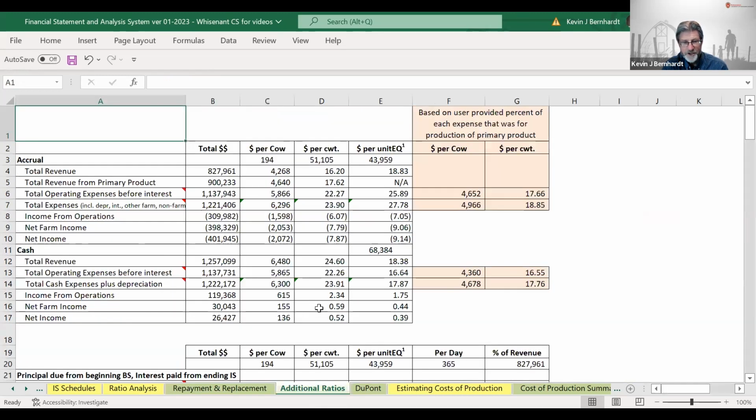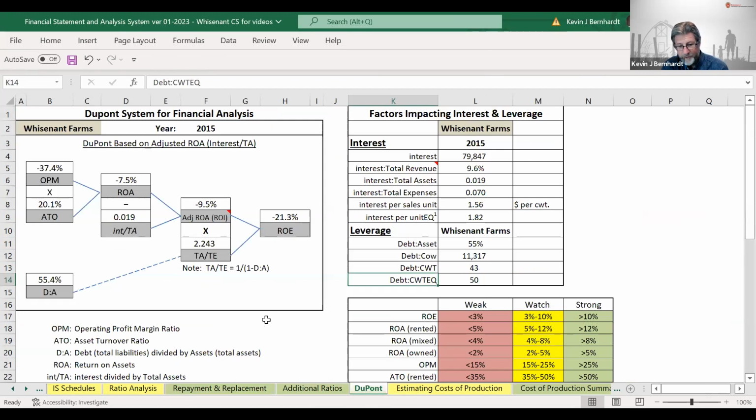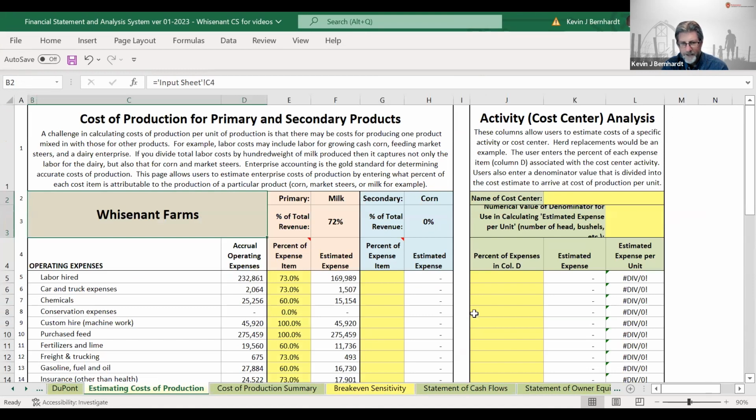There's some additional ratios that a person could look at. There's ratios with respect to the DuPont financial system, and all of these will be talked about in a later video. There is also a place to estimate cost of production. So this is completely outside of the financial statements themselves, but there are some worksheets there for being able to do cost of production information.